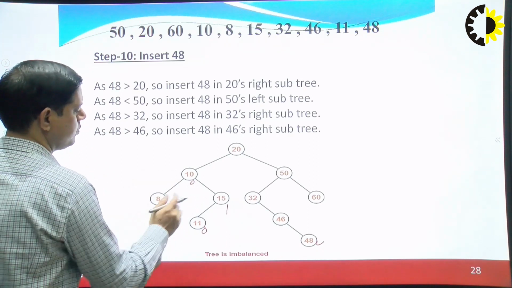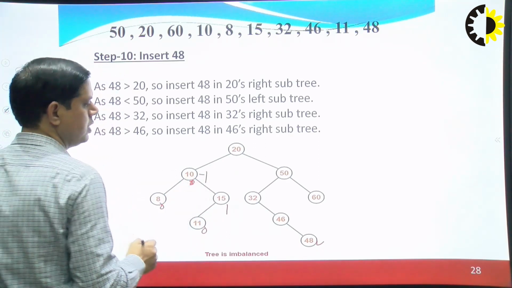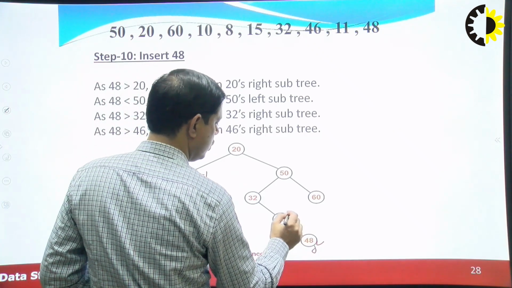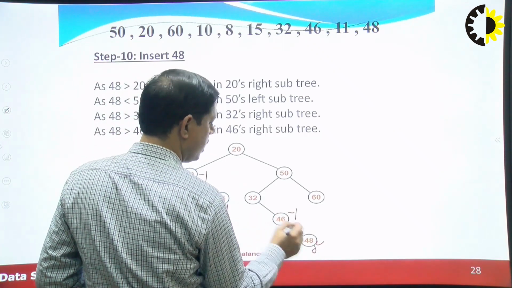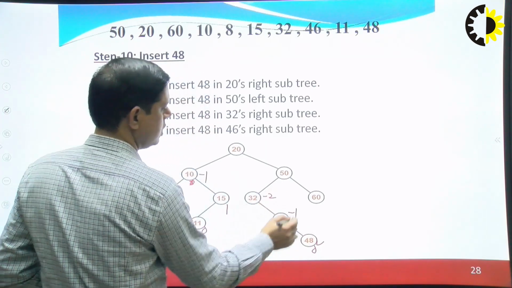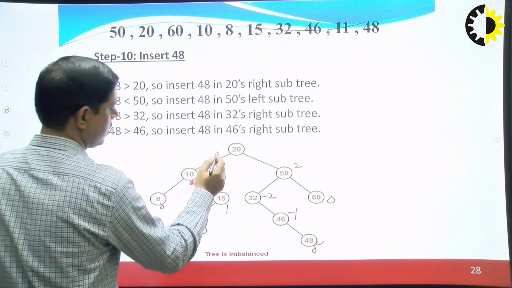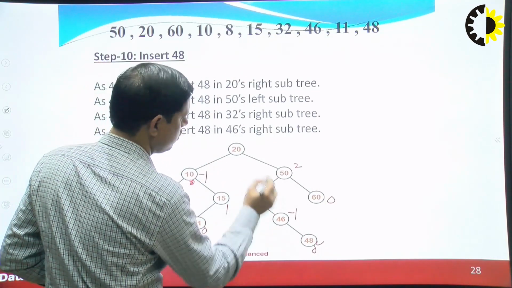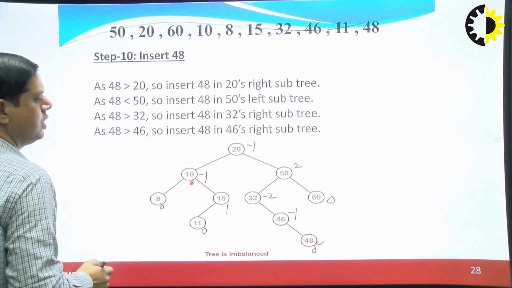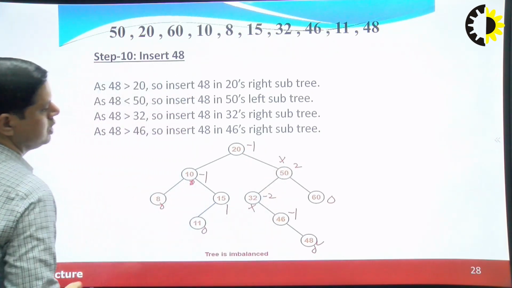That is also 1 minus 2, that is minus 1. For this, that is 0 minus 1, and 3 minus 1, that is 2, that is 0. And for this 1, 2, 3 and 1, 2, 3, 4, that is minus 1. That means our tree is unbalanced at node number 32 and node number 50.